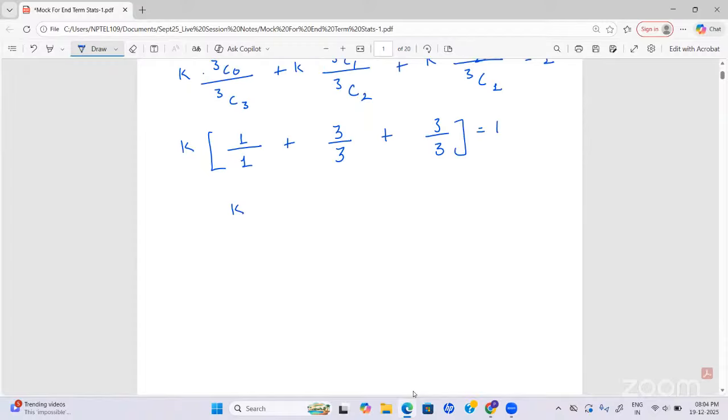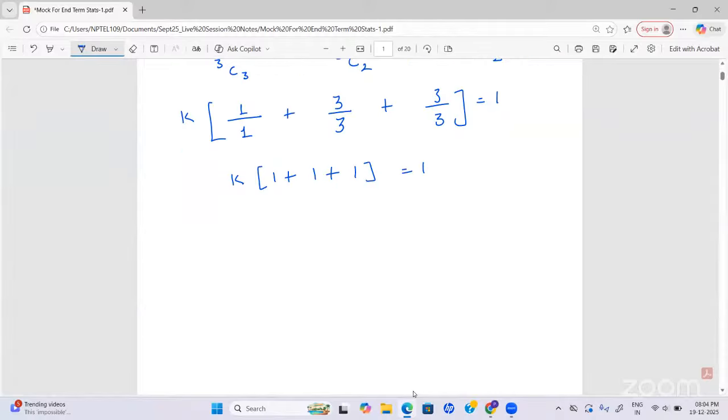So now this will be 1, this is also 1, plus 1 equals 1. So the value of k will be equal to 1 by 3, which means 0.33. Is this question clear to everyone?